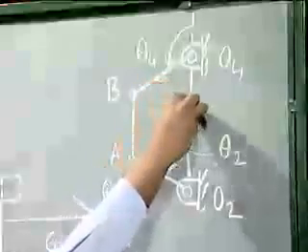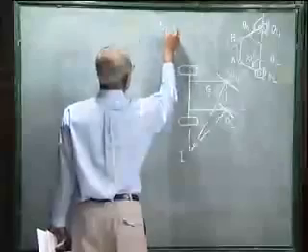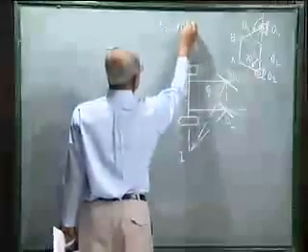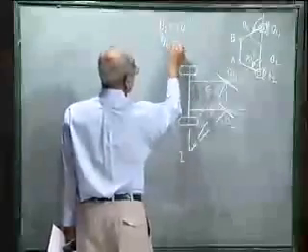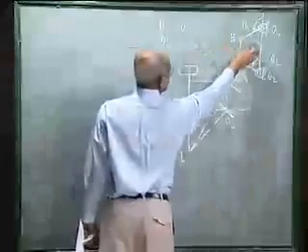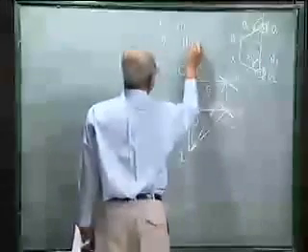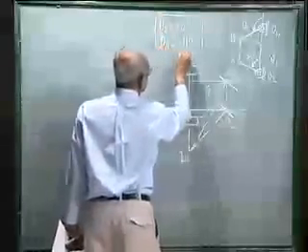This angle is also 70 degrees. We have already chosen theta 2 equal to 70 degrees, and the corresponding theta 4, which we measure from the line O2, O4, is 180 minus 70 degrees is 110 degrees. So this is one pair of coordinated movement that has to be satisfied by this 4R linkage.